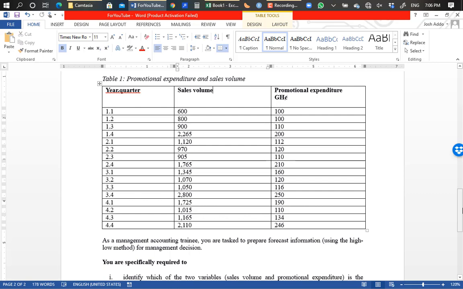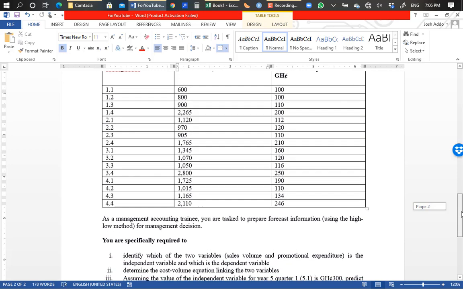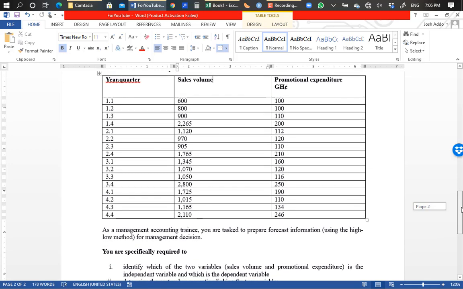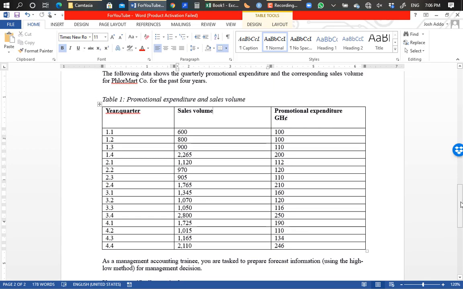Before we go to the next level of the question, even though it's not part of the requirement of the question, it is always a good idea that you try to get a sense of how these two variables are correlated. In business, we normally make the simplistic assumption that variables are related in a linear fashion. So in this case, we are assuming that sales volume and promotional expenditure are related.